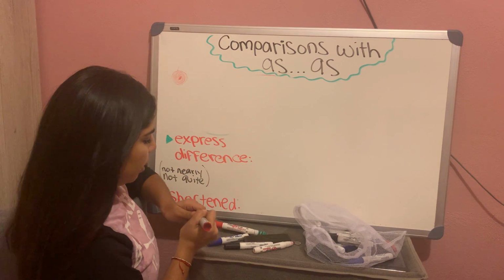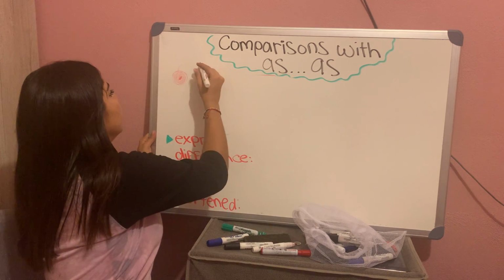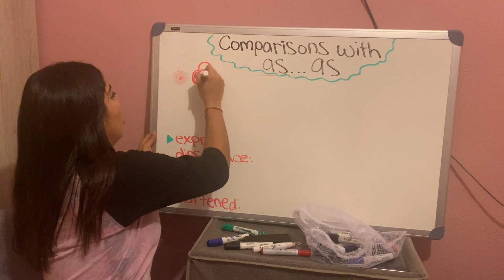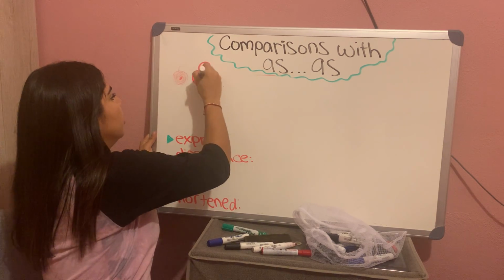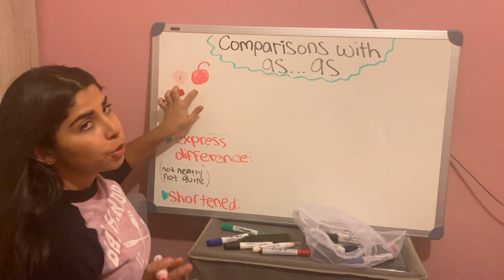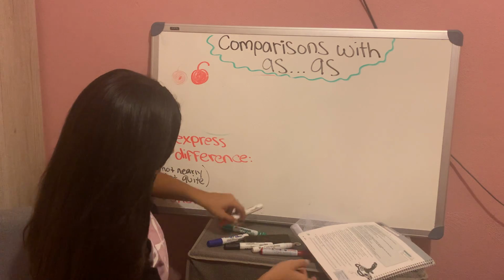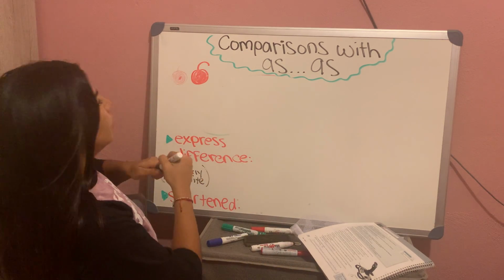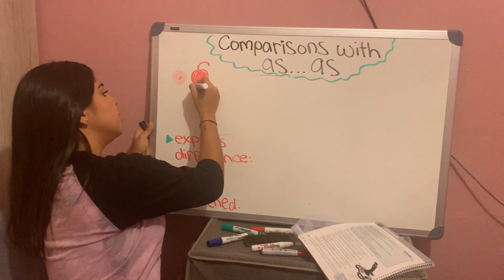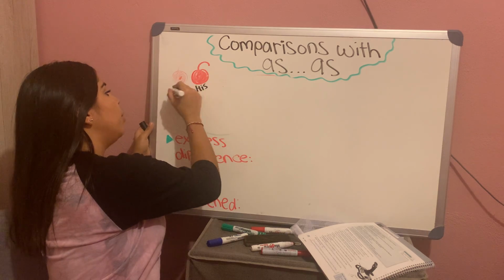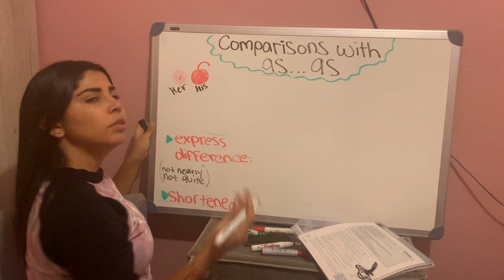Okay, and I'm going to make another apple that has a lot of color here. Imagine these are two apples, okay? So I'm going to say, let's say this is his apple and this is her apple, okay?